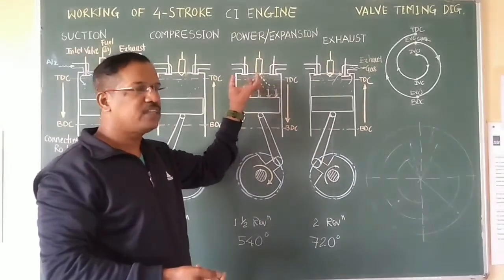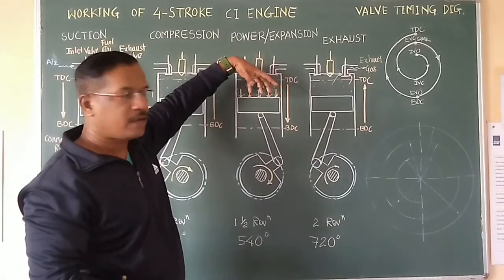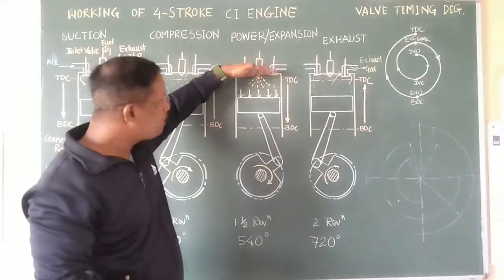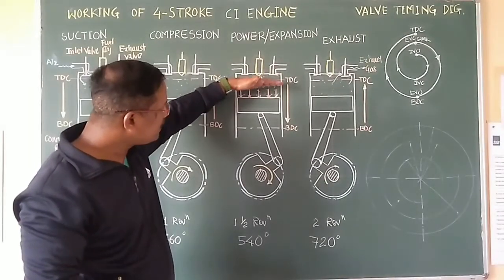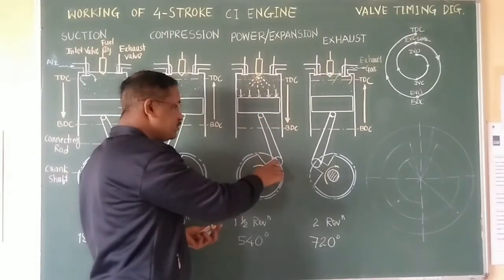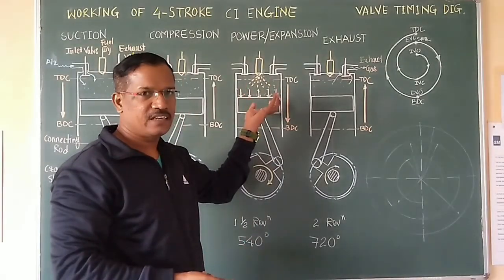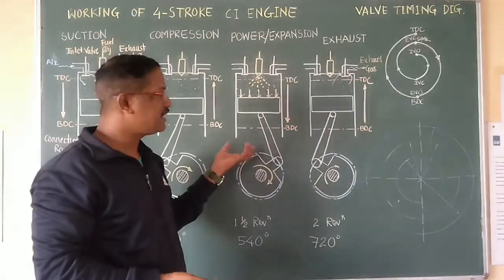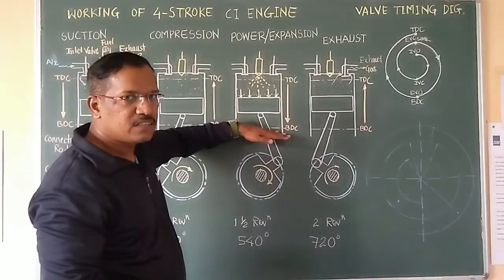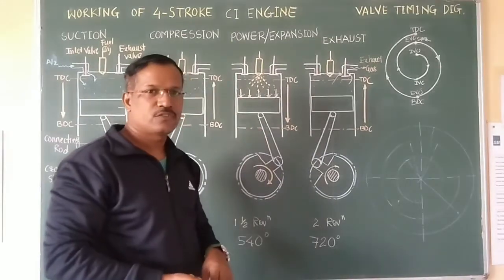When it burns spontaneously, all the gases try to expand. As the inlet and exhaust valves are closed, the expansion force pushes the piston down from TDC to BDC. So our crank will rotate from TDC to BDC by virtue of the power developed inside the cylinder. This continues till the piston reaches BDC. When the piston reaches BDC, our complete cylinder is filled with exhaust gas.